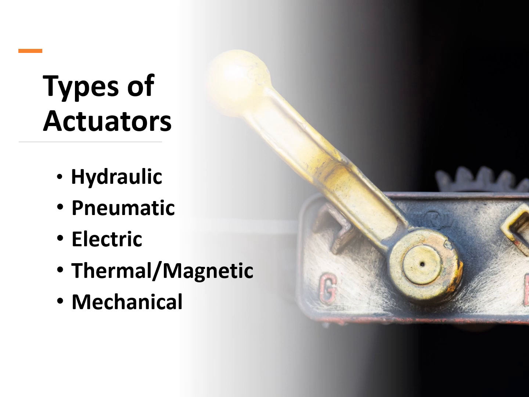Mechanical. This type of actuator converts rotary motion into linear motion to produce movement. It consists of gears, pulleys, chains, rails, and other devices.